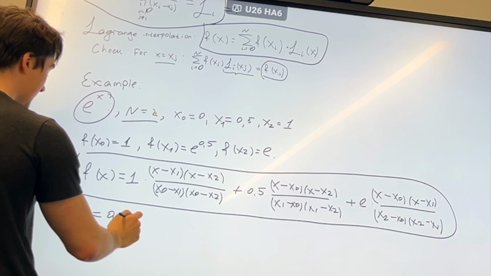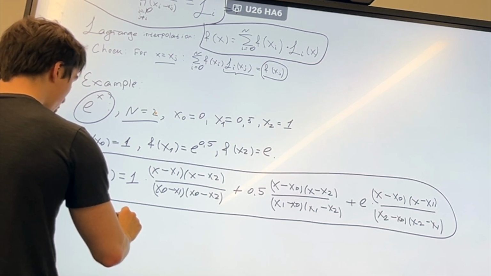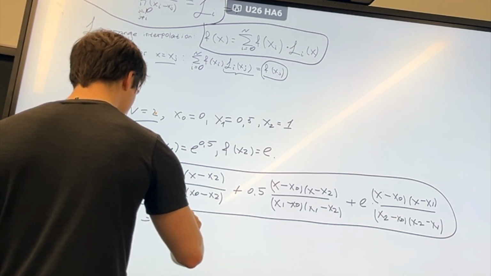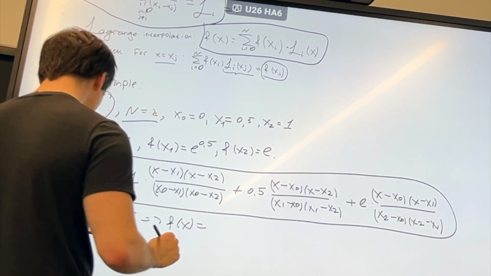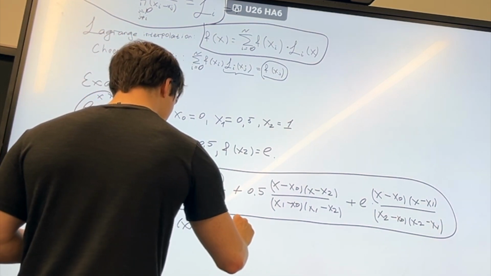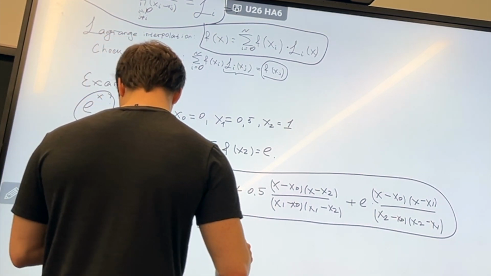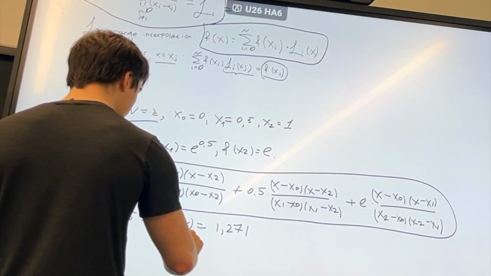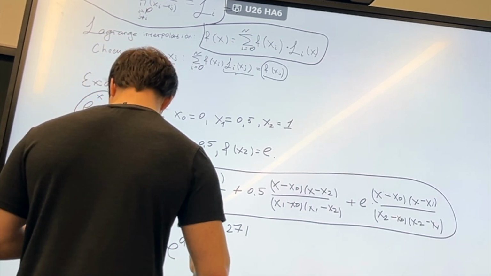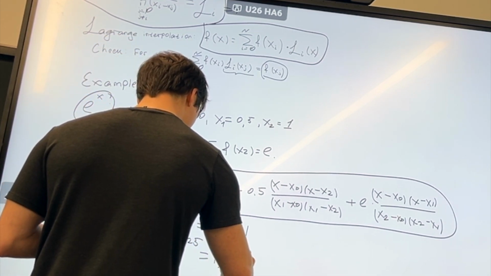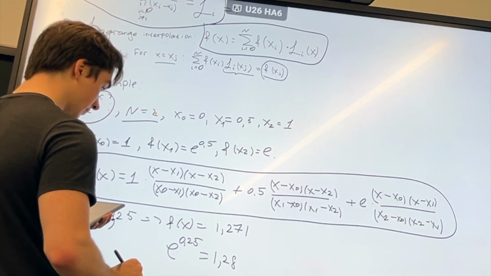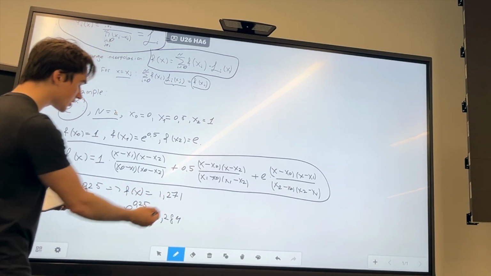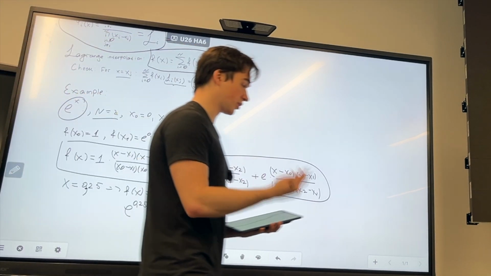For x equal to 0.25, we get that our f of x will be equal to 1.26, and the actual value is 1.28. So we get a pretty close approximation of our function.